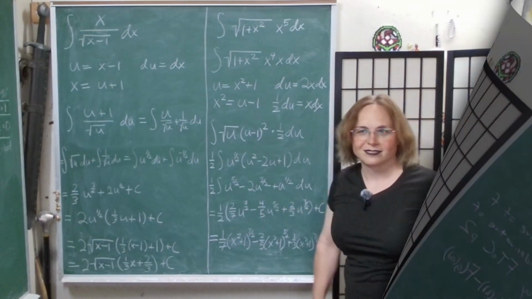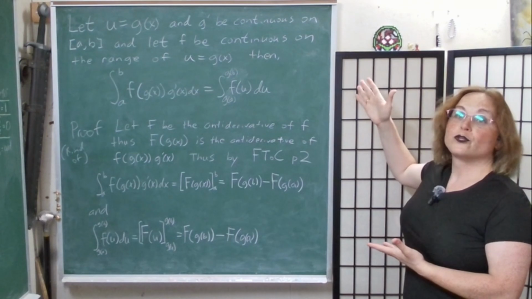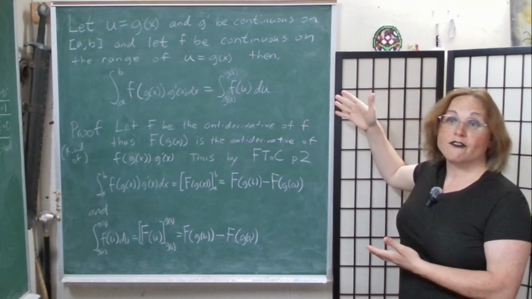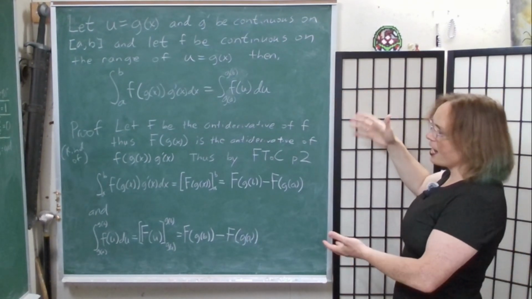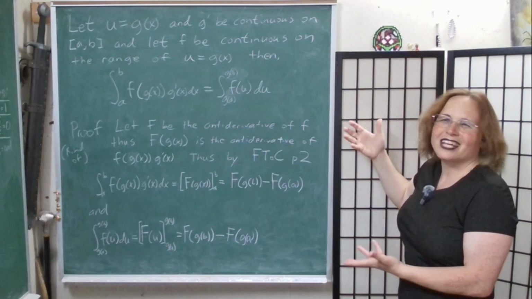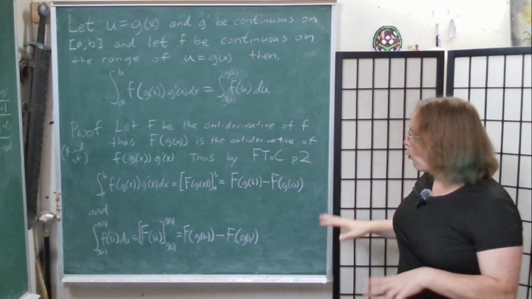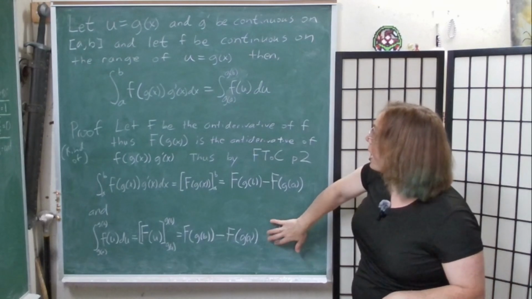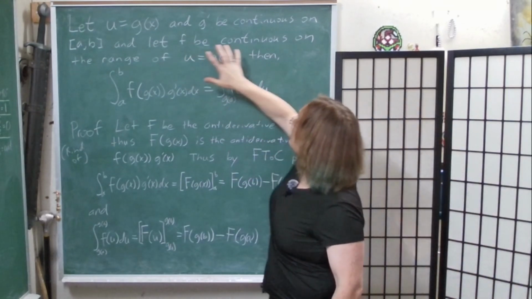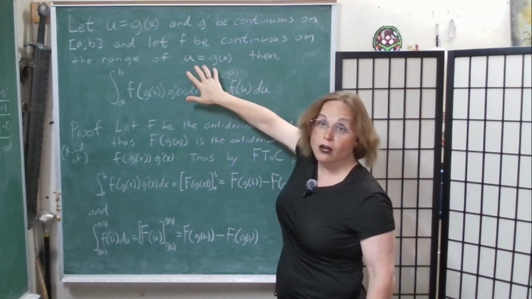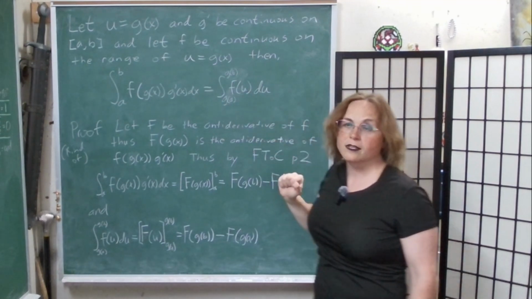I'll show you how. So here's the rule for doing U substitution with a definite integral, and here's kind of the proof of it, or really, I guess you can say a demonstration of why it works, as well as why you have to be careful to check that your function is continuous on the range of that u equaling g of x.